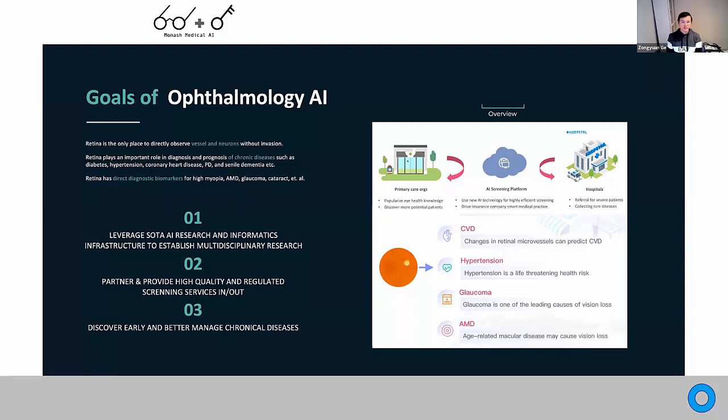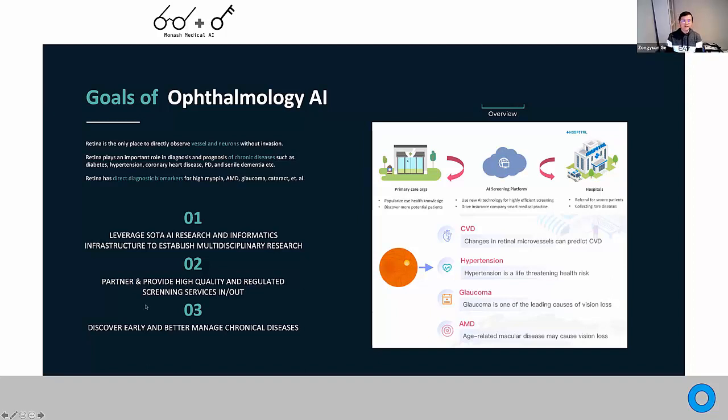Second, we partner and provide high quality, regulated scanning services for inpatients and outpatients. I mention regulated specifically because for products or services like this, you want them to be trusted and backed up by clinicians, backed up by the FDA, backed up by the TGA. Hopefully it's category 3, which is the topmost category.